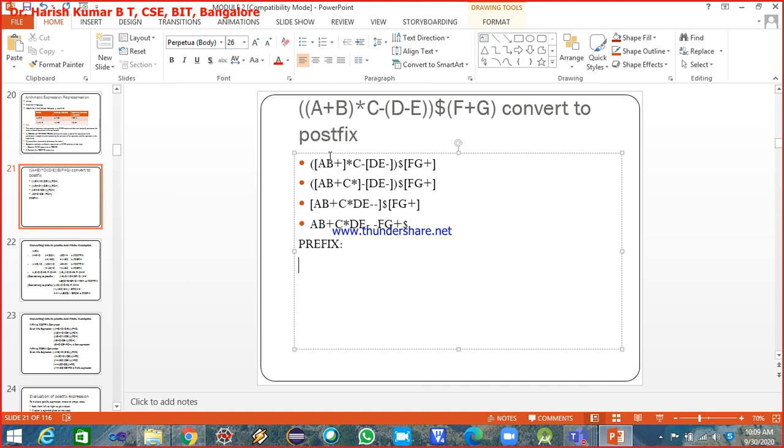I'll convert this example and show you the prefix form. It is already 10:05, so it will affect the next class. We'll stop here. Let me save this, and tomorrow I'll continue from here.